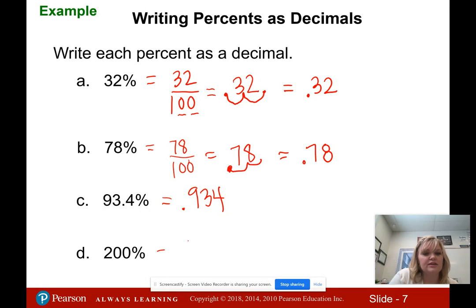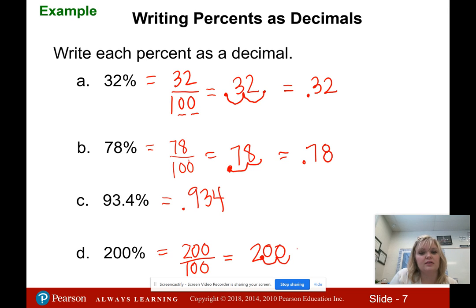This one is a little bit different because 200 is greater than 100. It might look kind of weird, but 200 out of 100 parts, or 200%, is the same thing as moving the decimal 2 places to the left.